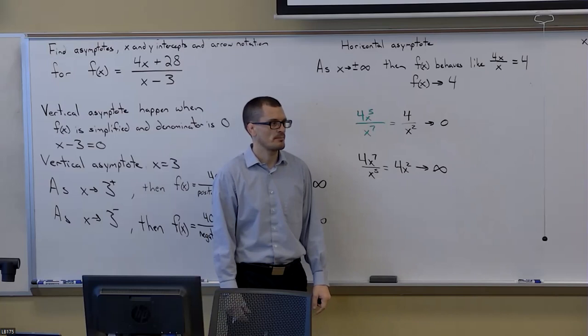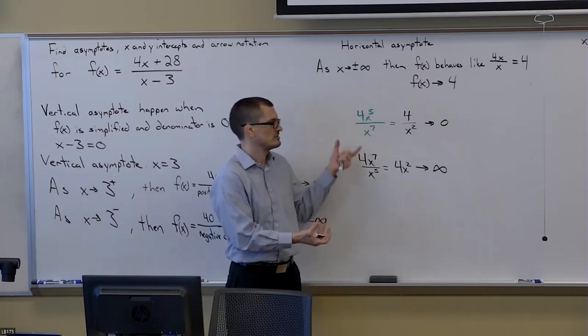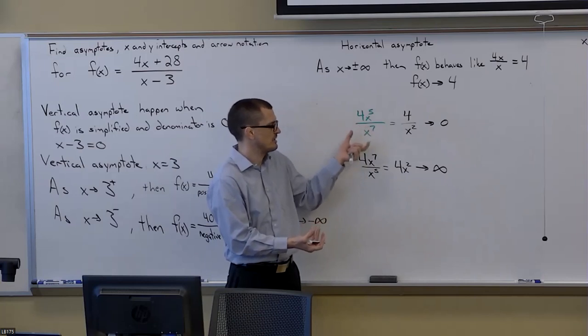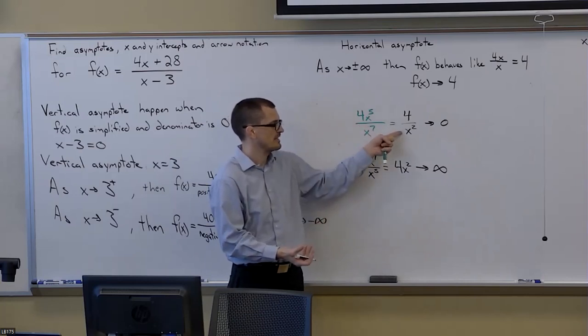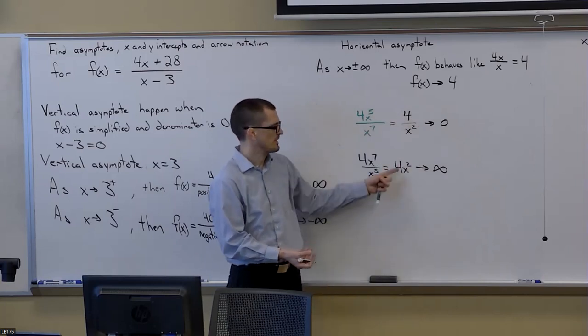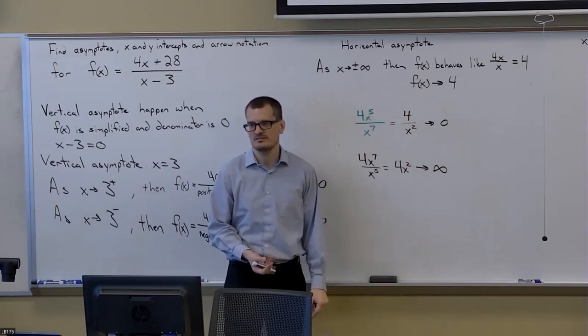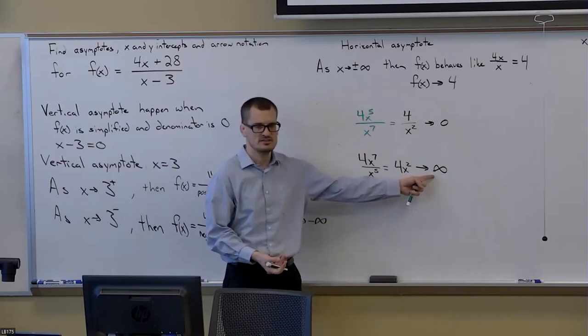Everybody okay with that? So it's still leading term comparison. If the bigger thing's in the denominator, it's going to 0. If the bigger thing's in the numerator, it goes to infinity. So there's no horizontal asymptotes in this case.